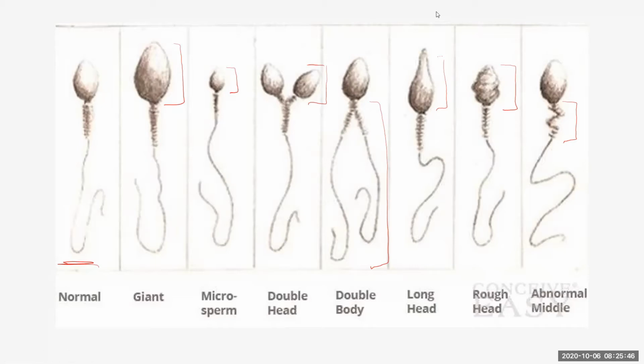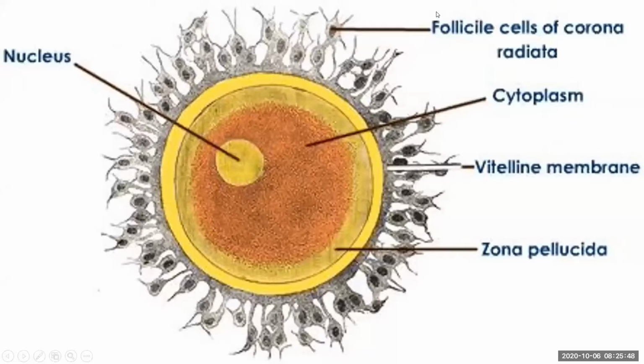So for egg cells naman, out of those thousands of egg cells na ma-produce ng female, only one of them can be fertilized. So once na dili siya ma-fertilized, ilabay siya or igawas siya sa body ng female through menstruation.